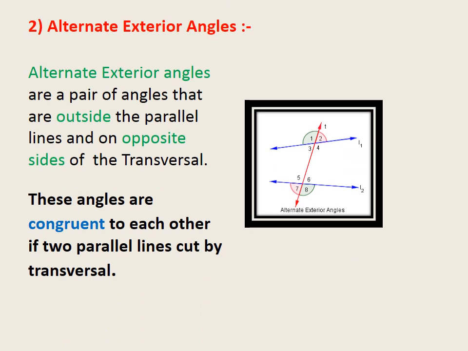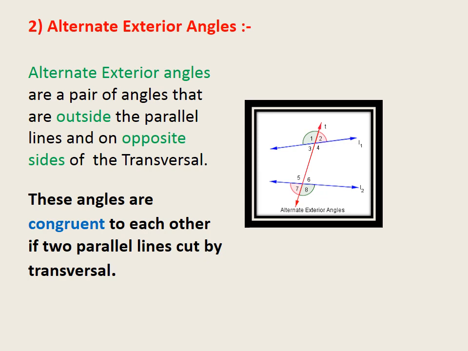Second, alternate exterior angles. Alternate exterior angles are a pair of angles that are outside the parallel lines and on opposite sides of the transversal. These angles are congruent to each other if two parallel lines are cut by a transversal.